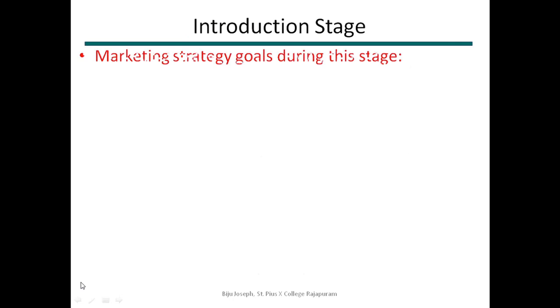And let's see the marketing strategy and its goals during the introduction stage. The first goal is to inform potential consumers, because the potential consumers buy the product. They should be informed of the product, then only they will come forward to purchase the product.